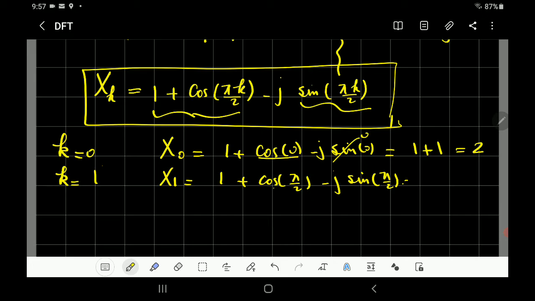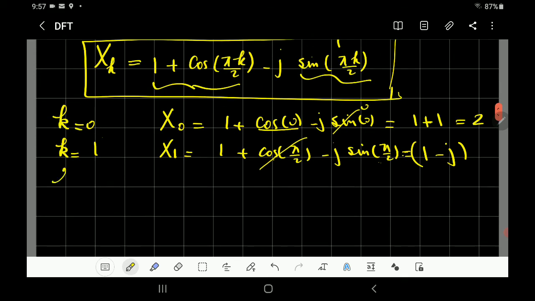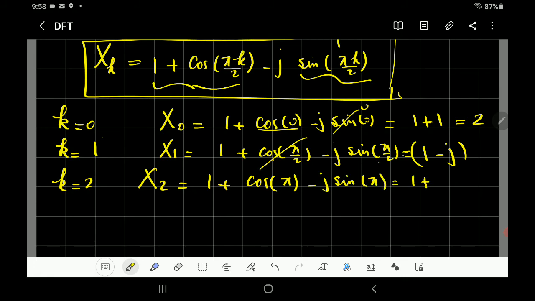Cosine pi over 2, it means cosine 90, is equal to 0. So I have 1 minus j sine pi over 2, which is equal to 1. So I have 1 minus j. k equal to 2: x2 is equal to 1 plus cosine pi minus j sine pi. That will be equal to 1 plus cosine pi, which is minus 1, and sine pi is equal to 0.